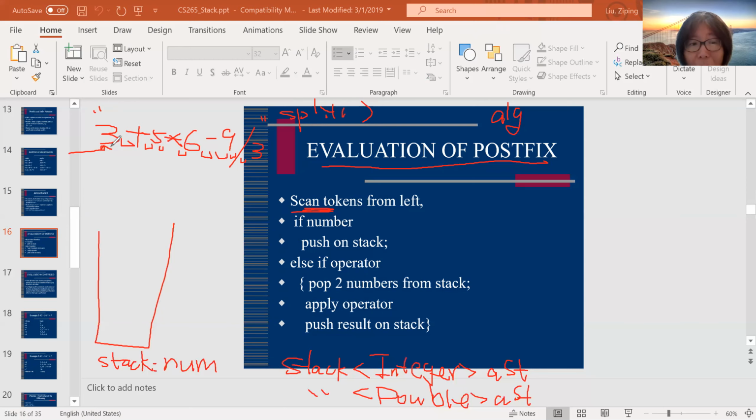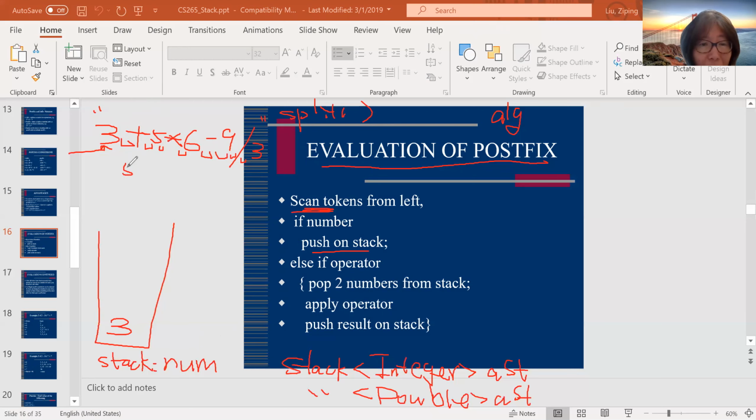Anyway, so here we scan. The first token is 3. 3 is a number, is it? So if it's a number, you push it to the stack, okay? And I think there's something wrong with this expression. Oh, I'm sorry, this is an infix expression. I first need to convert it to postfix, okay?